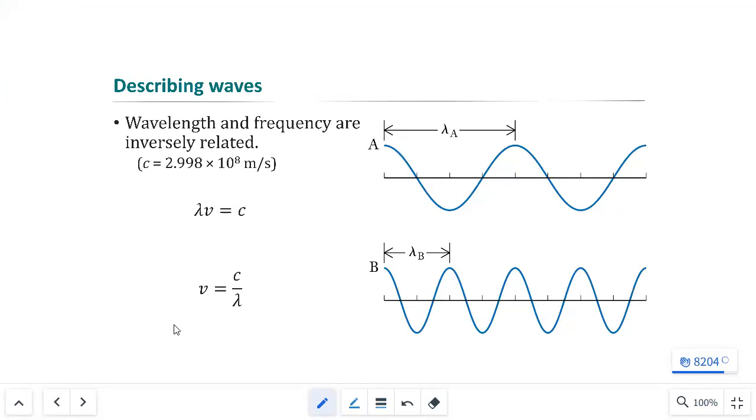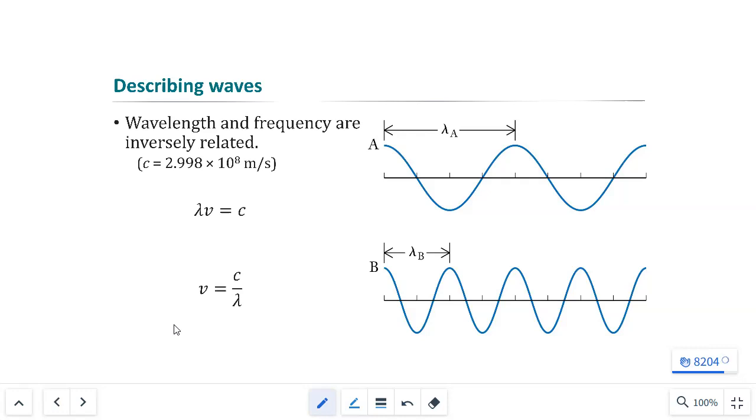When we describe the forms of energy that exist on the electromagnetic spectrum, what we are ultimately talking about are waves. And we can describe waves through a number of different kinds of descriptions. We can describe waves in terms of their wavelength.